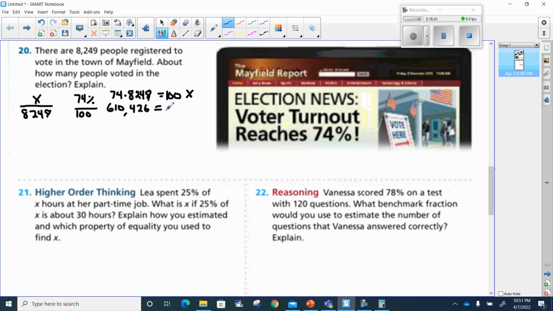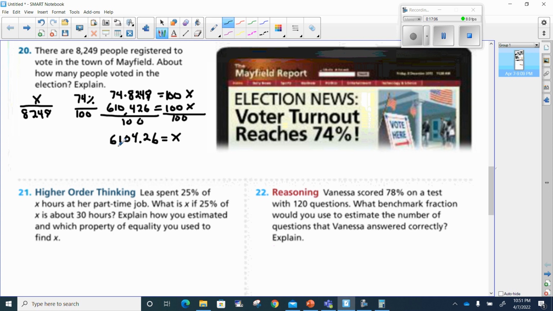That has to equal 100x. When I divide by 100, I move my decimal over 2 spots. So this is going to be 6104.26 equals x.